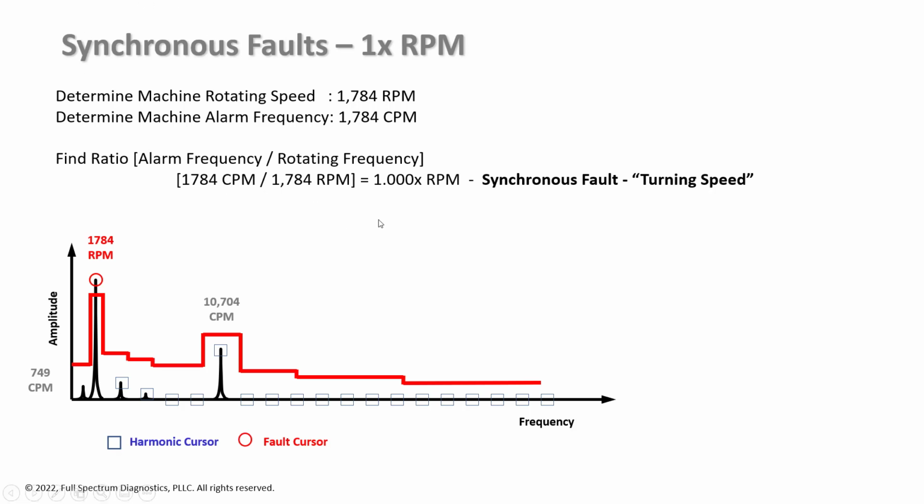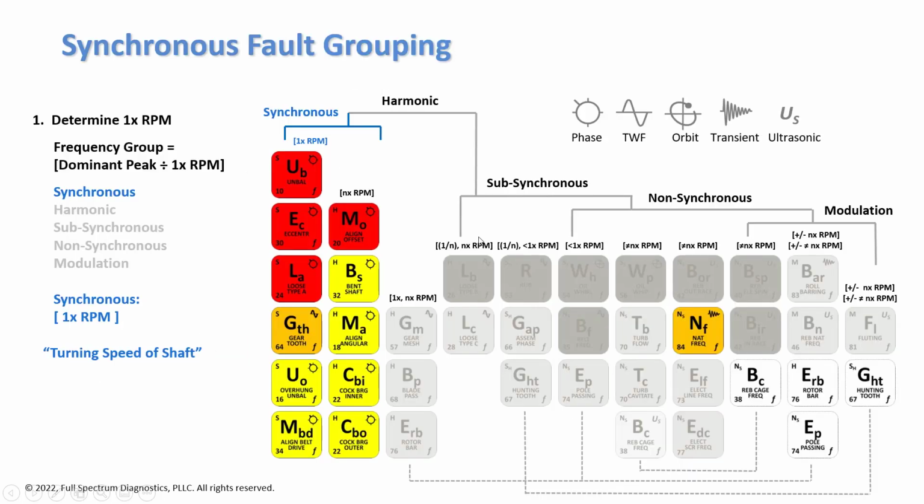The ratio of those two tells us the order of vibration we're looking at. So 1 times RPM is 1784 divided by 1784, a 1-to-1 relationship. Synchronous fault is also called turning speed. There are a lot of different names for it, but we're going to hang on to synchronous and turning speed, identical things.